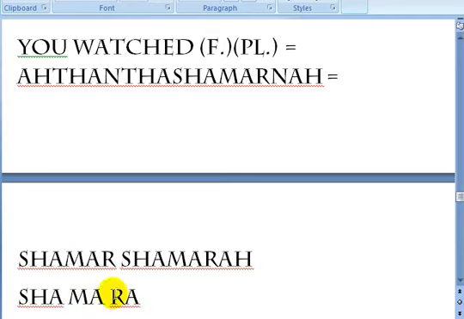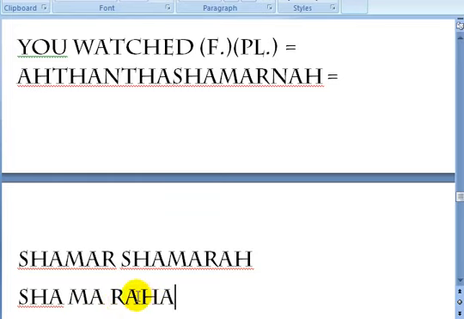But when you connect them, it's shamar. So you would drop the a at the end off, right? Make it shamar. But now if you add a ha at the end, what you do is you actually make it 4 letters, but this ma and the ra are separate from each other. So instead of shamar, it would be sha, ma, ra.